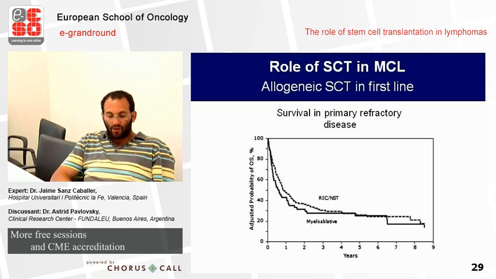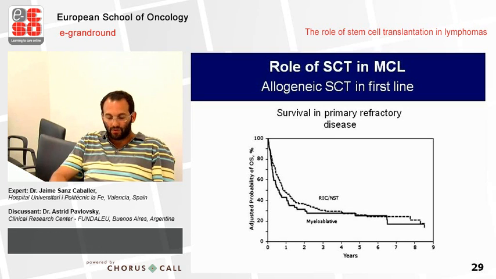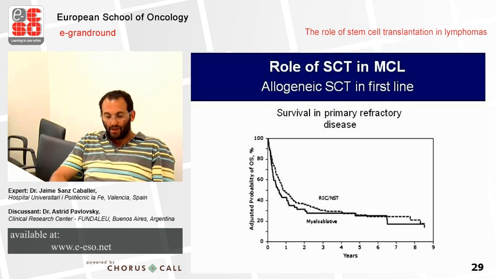However, non-randomized registry data showed a significantly higher non-relapse mortality with upfront allografting and no benefit on survival. This data cautions against the routine use of allo in mantle cell lymphoma in first remission.